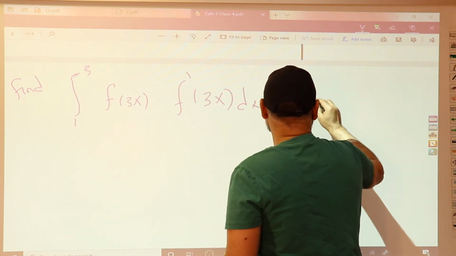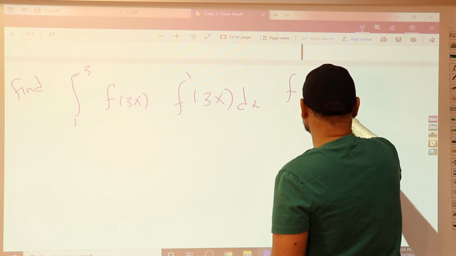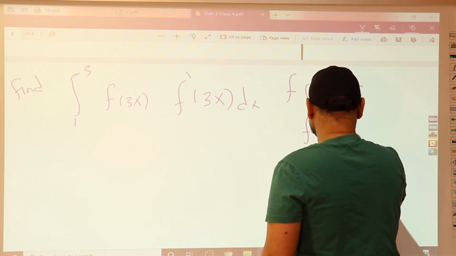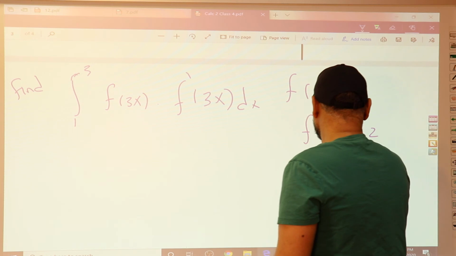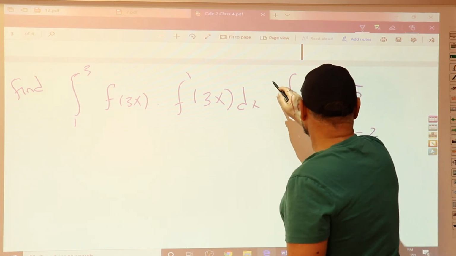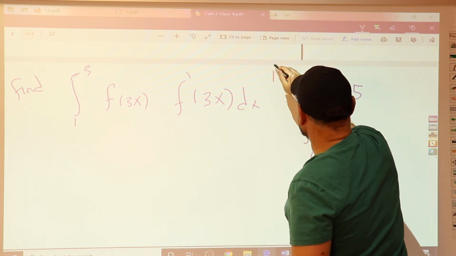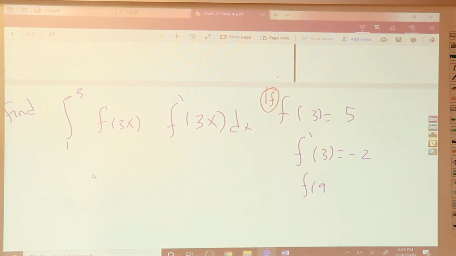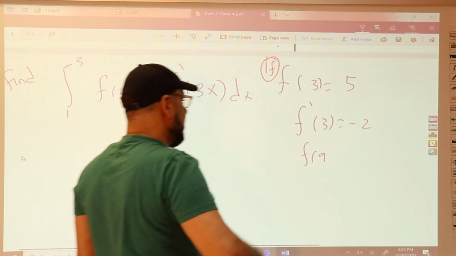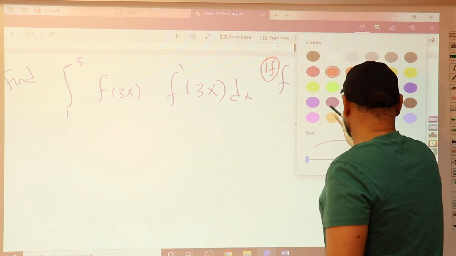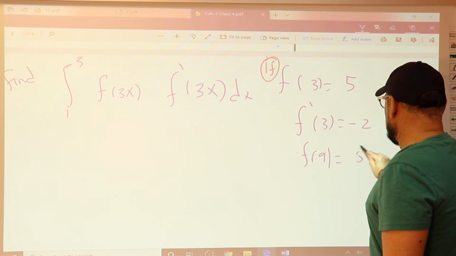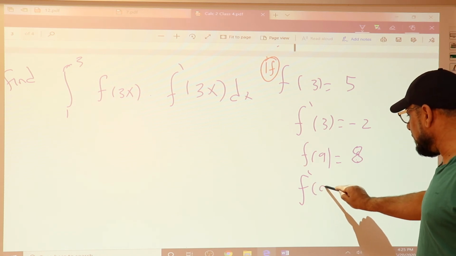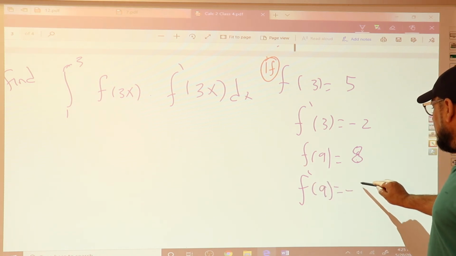We have f of 3 equals 5, f prime of 3 equals negative 2, f of 9 equals 8, f prime of 9 equals negative 3.